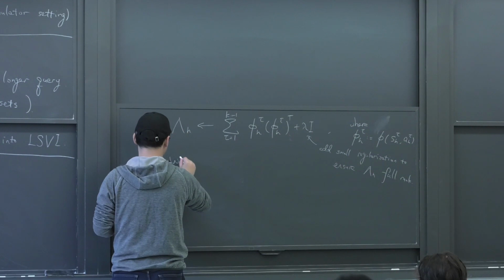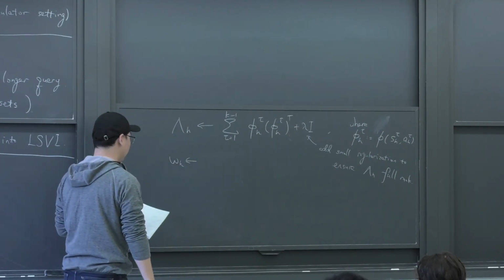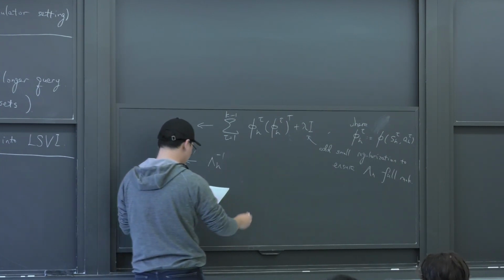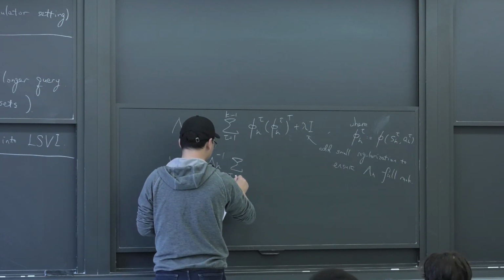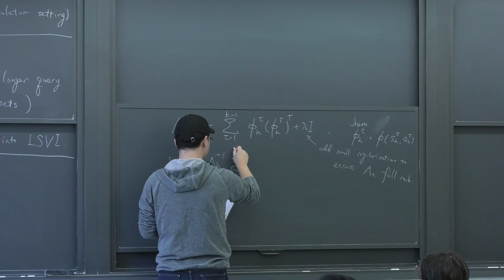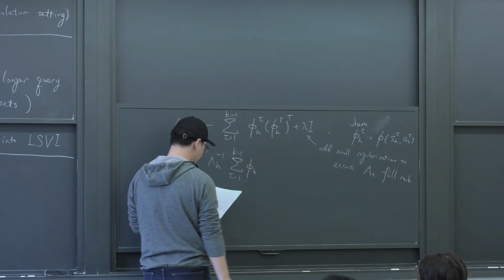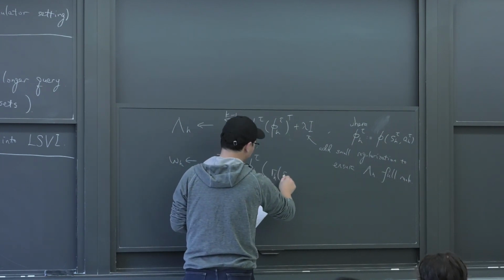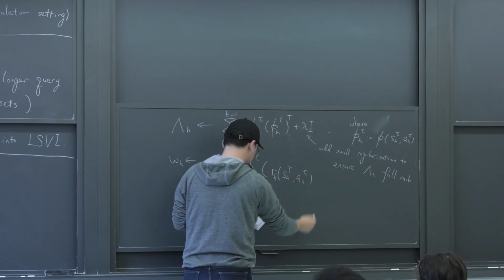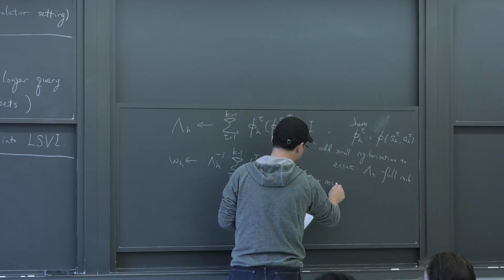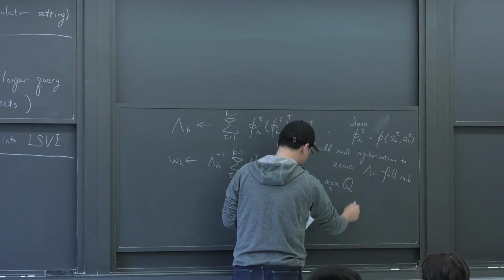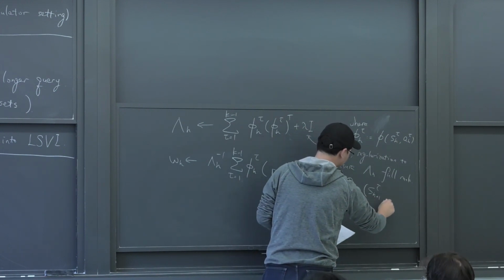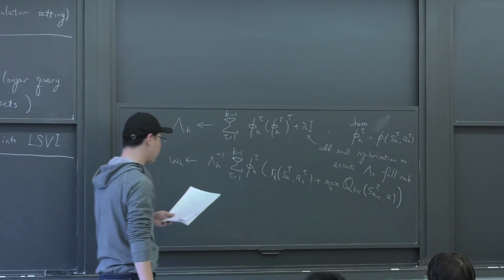And then we just solve for the least square solution. If you still remember, the solution of least square value iteration is this Gram matrix, take its inverse, and then summation tau from 1 to k minus 1, phi_h^tau times r_h(s_h^tau, a_h^tau) plus max over a of Q_{h+1}(s_{h+1}^tau, a).